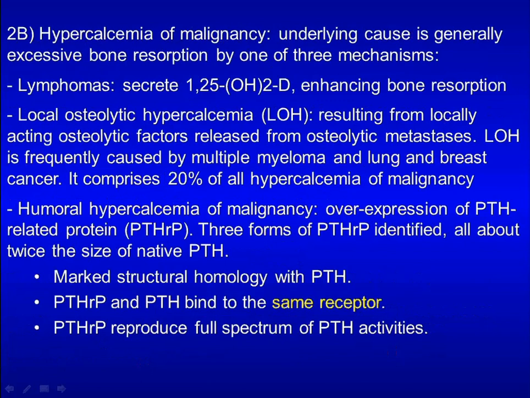Second group is hypercalcemia of malignancy. It is caused by excessive bone resorption by one of the 3 mechanisms. First, lymphomas. They secrete 1,25-dihydroxy vitamin D, which enhance bone resorption and intestinal calcium absorption.